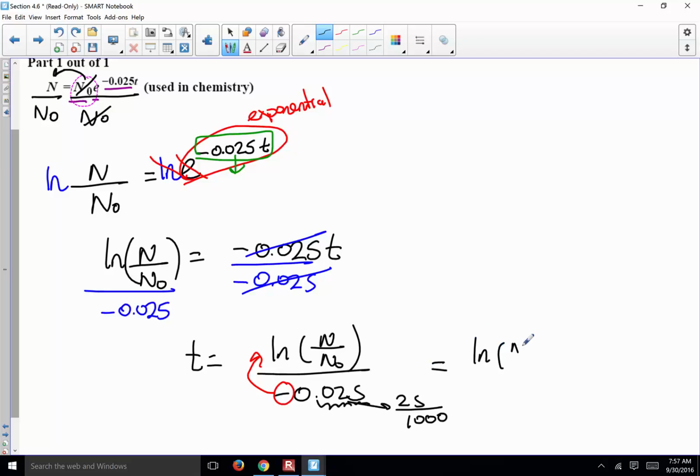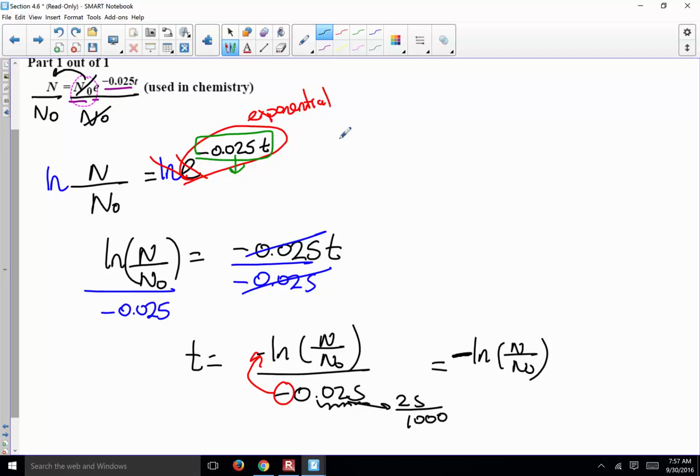You take the numerator, and what do I do with this denominator? Now minus goes in front. What do I do with 25 over 1000? How do I divide? This is divide by another fraction.